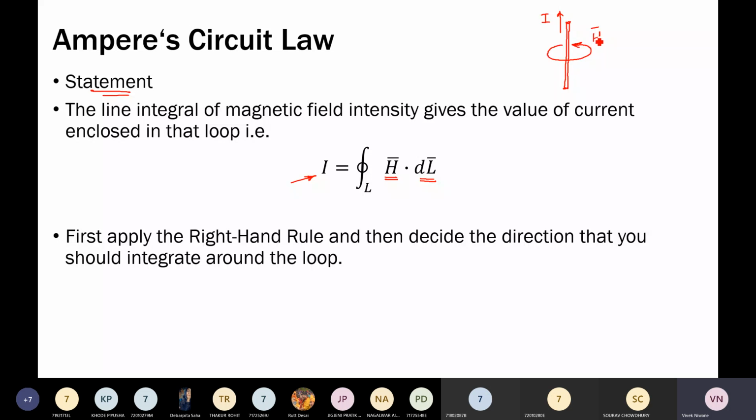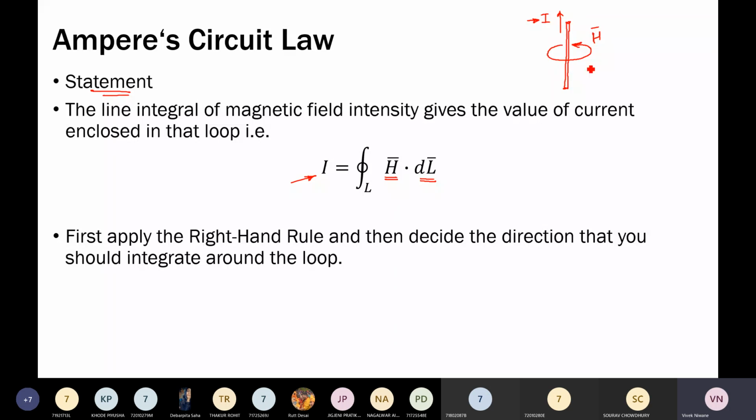And now if I say that I know the magnetic field intensity H bar and I want to find the amount of current I, then we can consider a loop around a conductor.